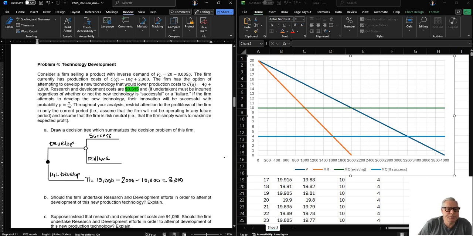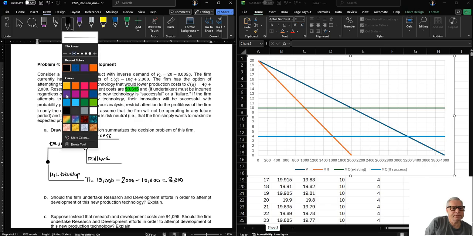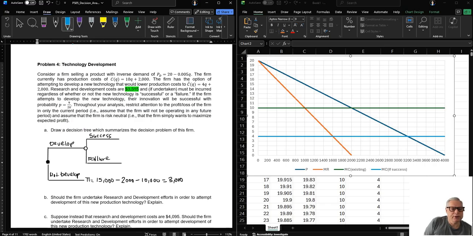And so now let's move to the development scenario, and we assume that the probability of success, if the firm attempts to develop the new technology and will be successful, is 9 over 20, so that's 0.45.